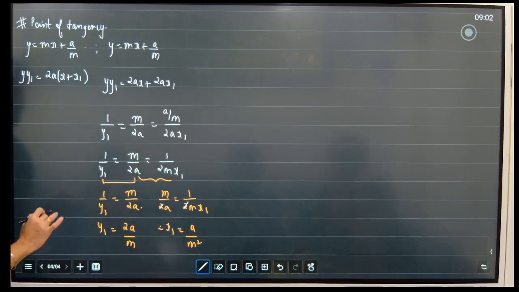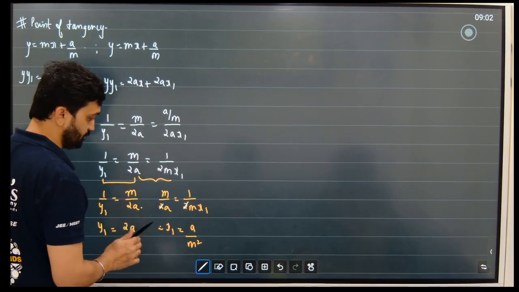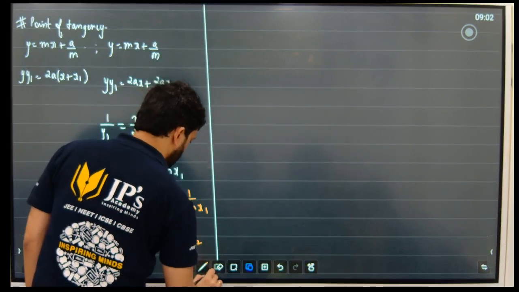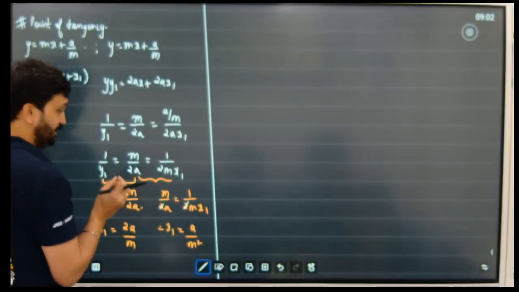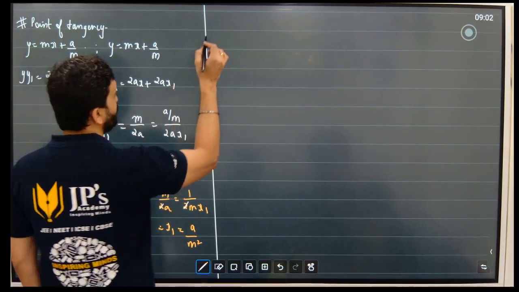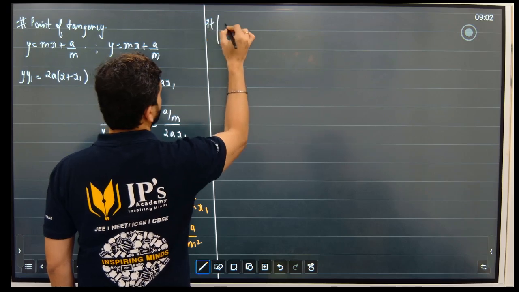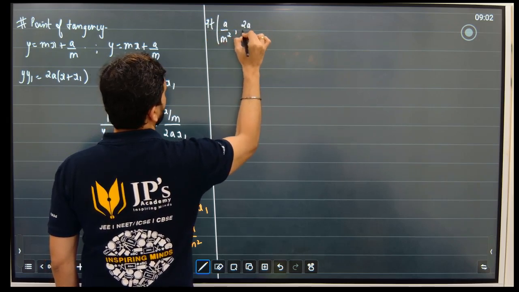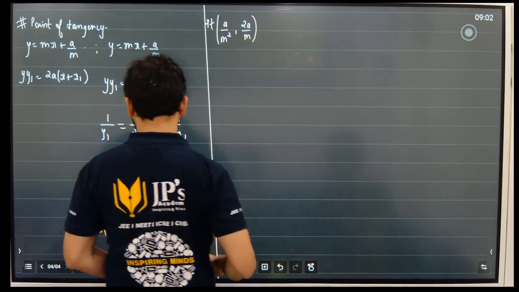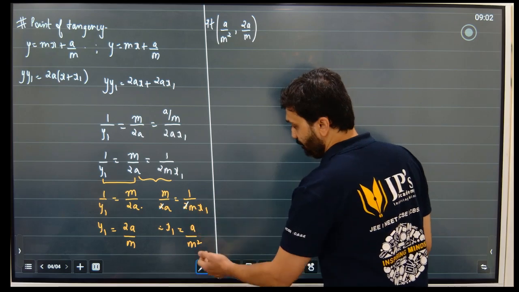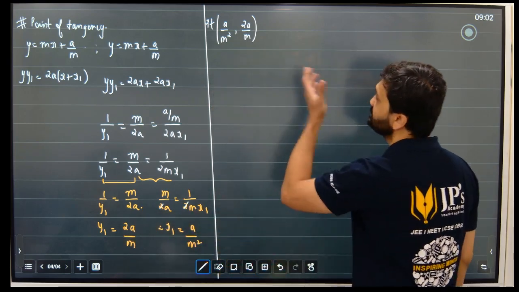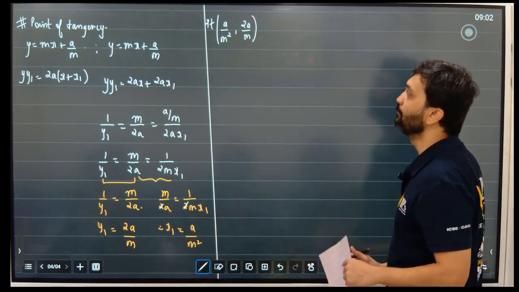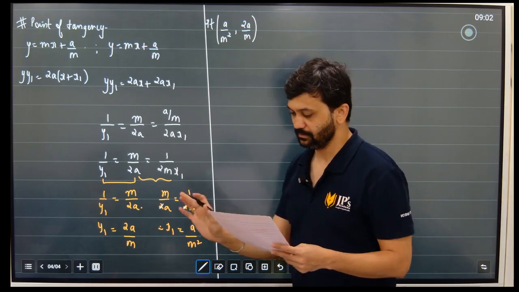So guys, the point where it is tangent, I repeat again, where will the tangent touch? The point is a by m square, 2a by m. The point where the tangent will be formed is a by m square, 2a by m.